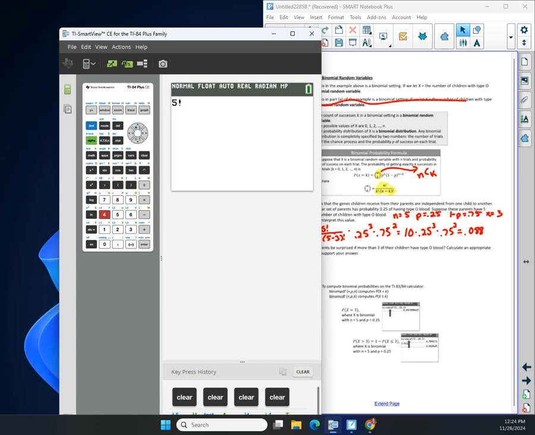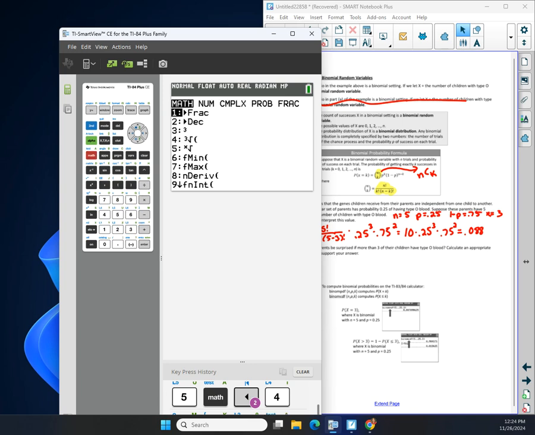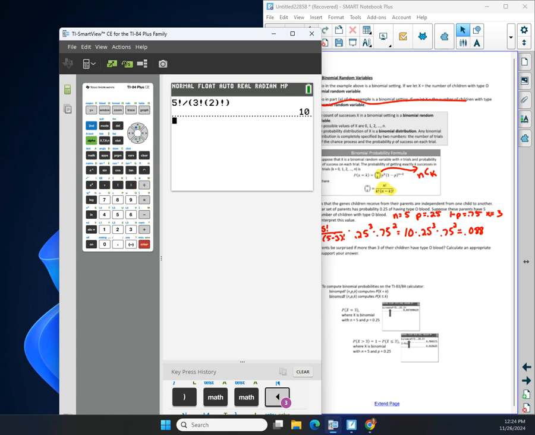So 5 factorial is right there, divided by parentheses 3 math factorial, parentheses, 5 minus 3 is 2, math factorial, close those parentheses. There's the 10.